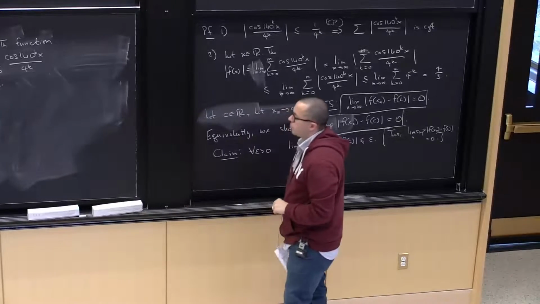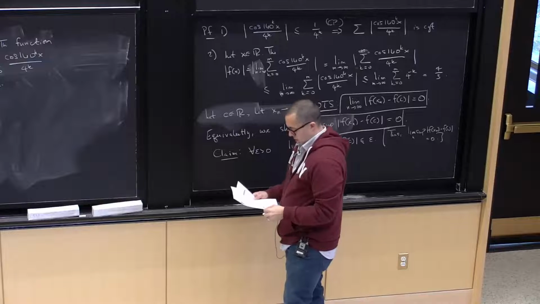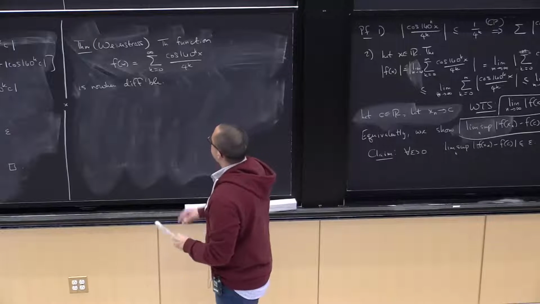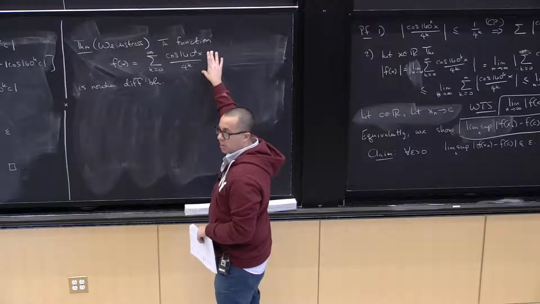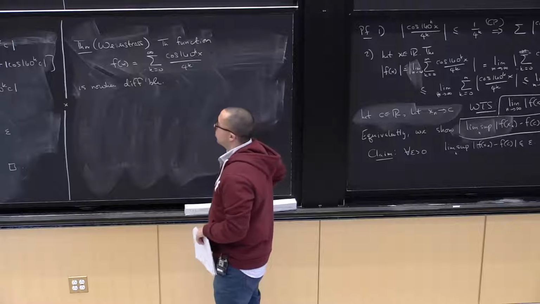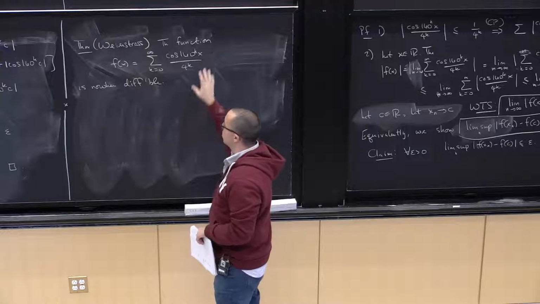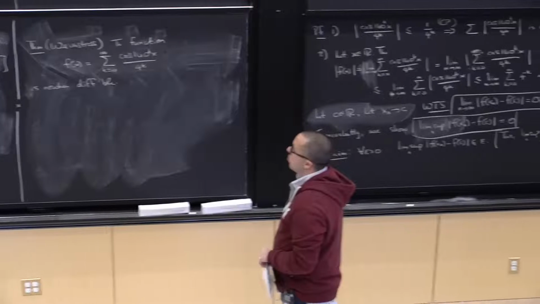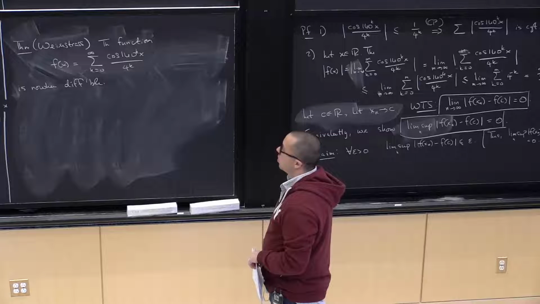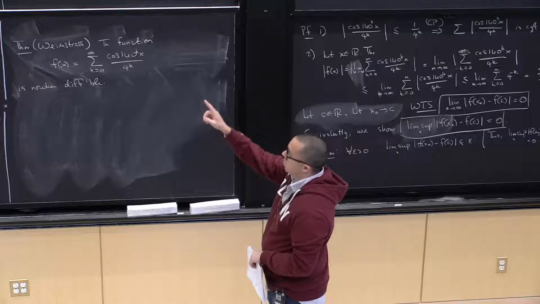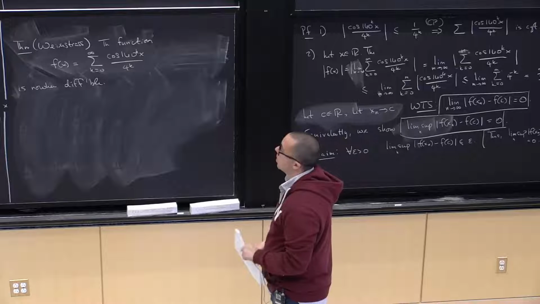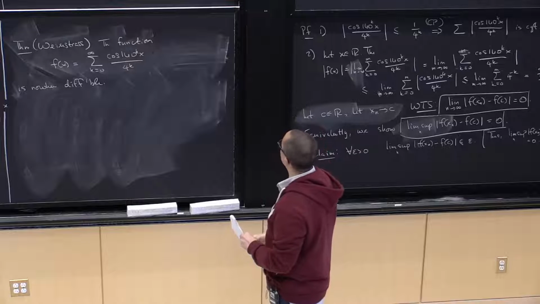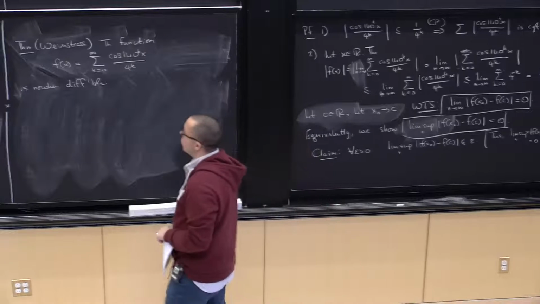Okay? So with everything we've done so far, we know this function is continuous, right? We've proven that. So this theorem provides you with an example of a function which is continuous but nowhere differentiable. And with what we have on the board, namely, the key parts are going to be what's in that first theorem there, and this triangle inequality we have over here, we'll be able to prove this.